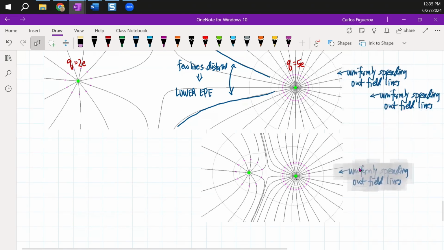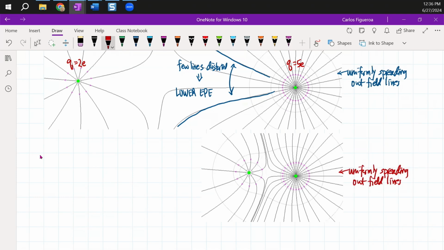So right here, this is the undistorted field. But now look where the field starts to get distorted, like here, and it looks like even all the way up to here. So what you're seeing here is that there is a lot more distortion.